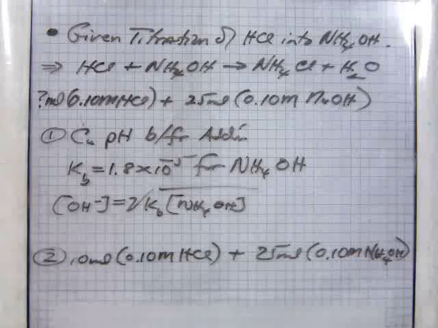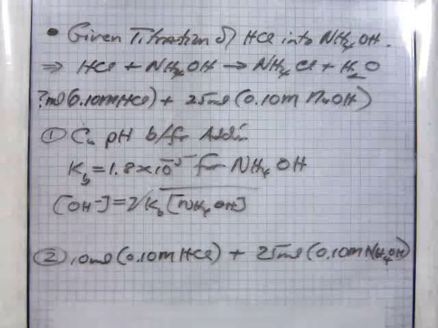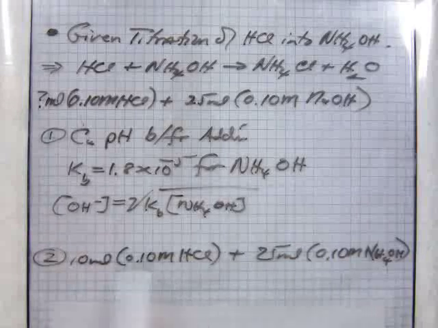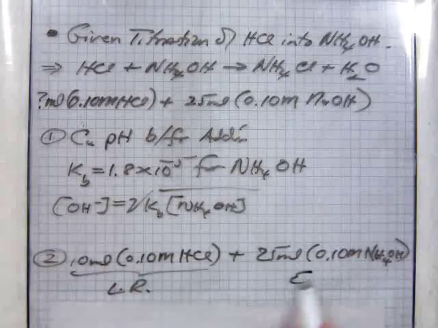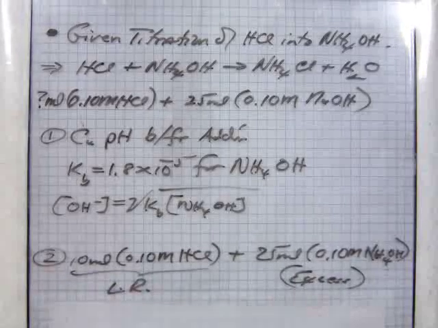Now, in this case, you're going to have an excess of ammonium ions, and you have to figure the hydrogen concentration. You won't have to go back, it won't be an OH this time. So, as you go through, this is a limiting reagent, and this will be the excess until you reach the equivalence point.